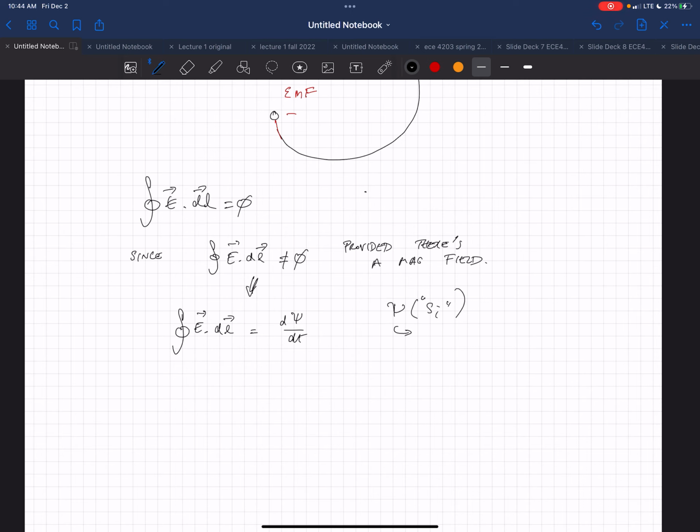And it's related to magnetic flux. Or another way to put this is E dot dl minus d psi dt is equal to zero.